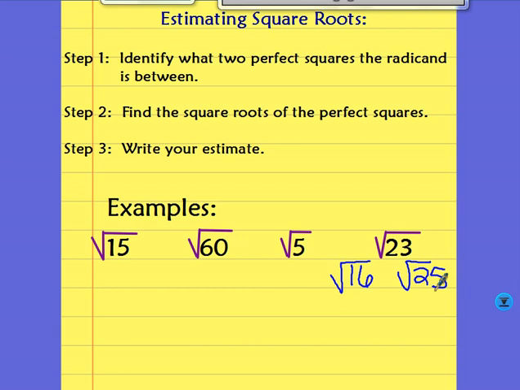The square root of 16 is 4, and the square root of 25 is 5. Because 23 is closer to 25, the square root of 23 can be estimated to be approximately 4.8.